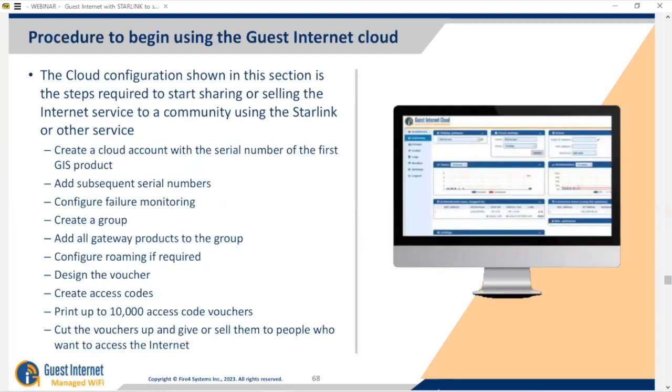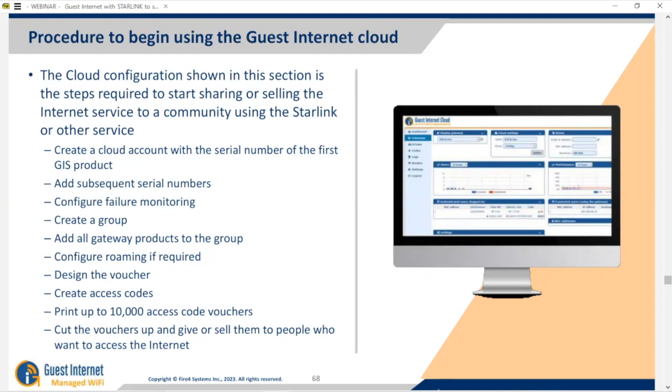Now, to begin using the cloud account, first of all, we create an account and we enter the serial number of the first guest internet product. We can then add subsequent serial numbers. Next, we want to configure the failure monitoring. Next, we want to create a group. Then we want to add the gateway products to a group.